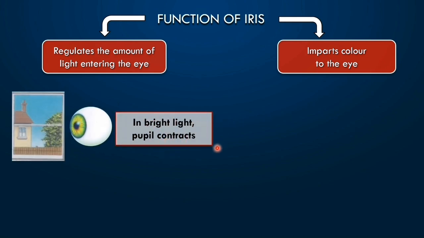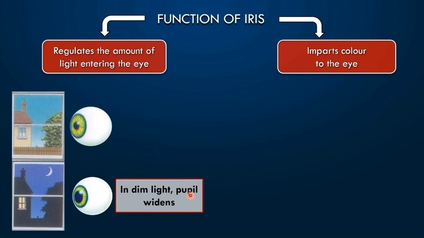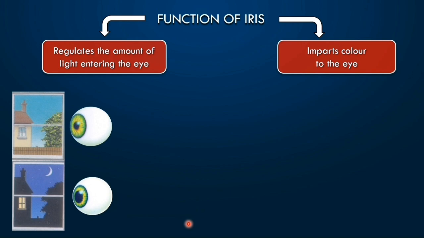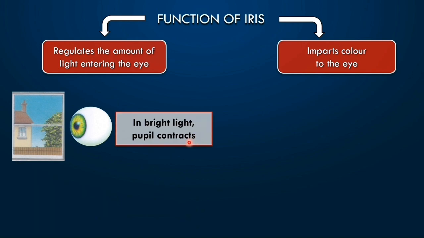In bright light, pupil contracts, but in dim light, pupil widens. So students, can you tell me why the pupil contracts in bright light?